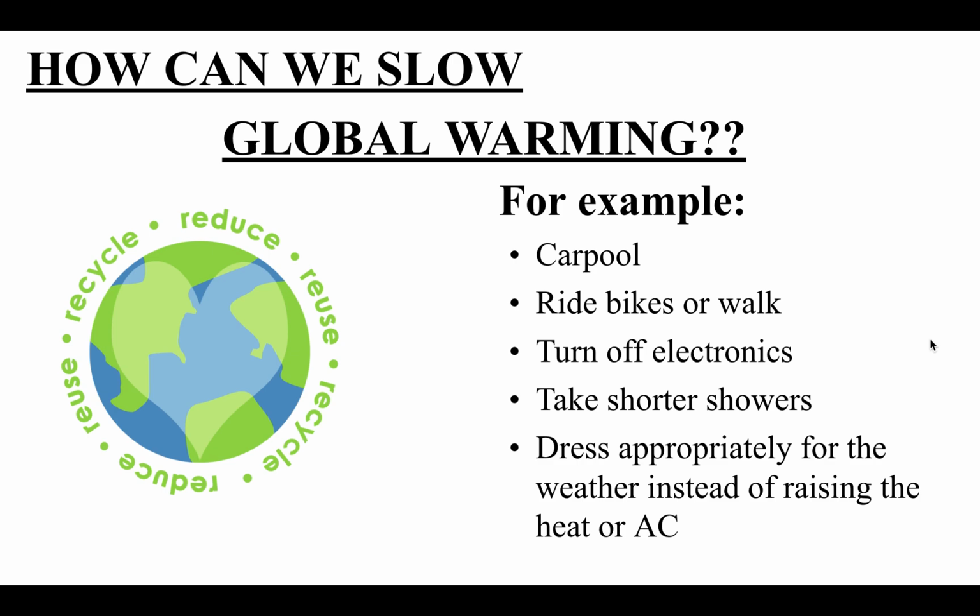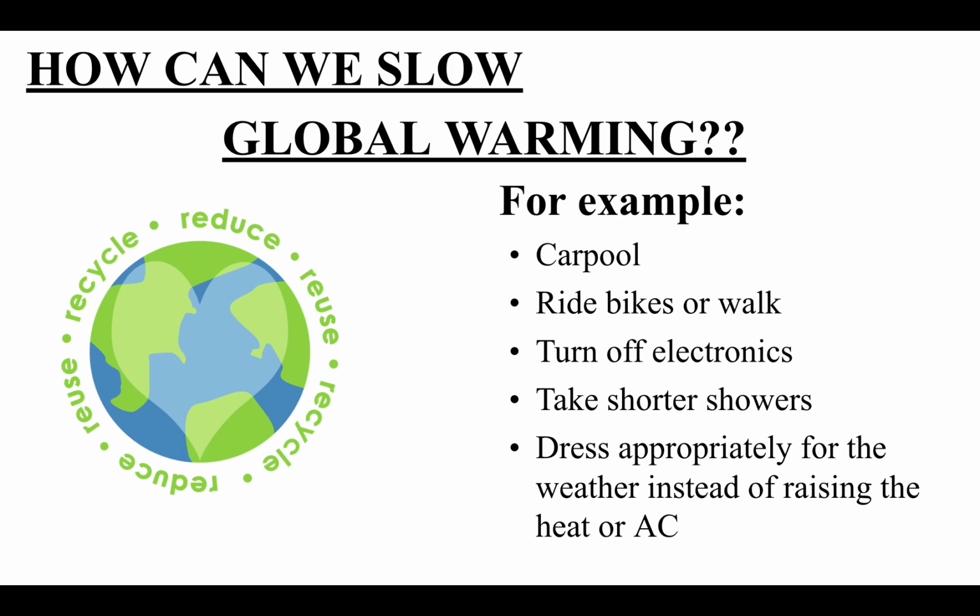So, how can we slow global warming? There are many ways. But for example, we could carpool or ride bikes or walk. By taking the bus, that's helpful too because it's a lot of people in one vehicle, not using as much gas per person. Turn off electronics when you're not using them.